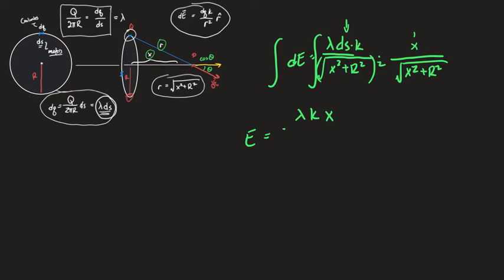On the denominator, the x squared plus r squared to the 3/2 power comes out. I just combine those things. We okay with that? So that means I'm left with adding up the entire length of the ring. So I guess I'll start at 0 and go 2 pi r around the ring.